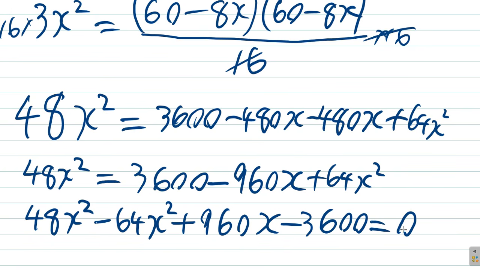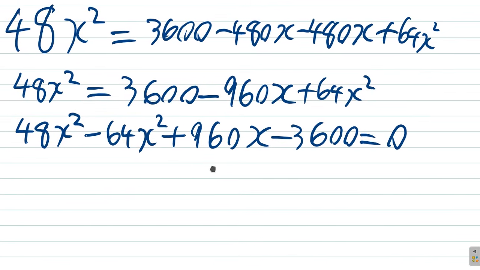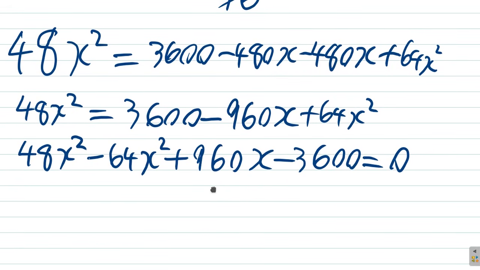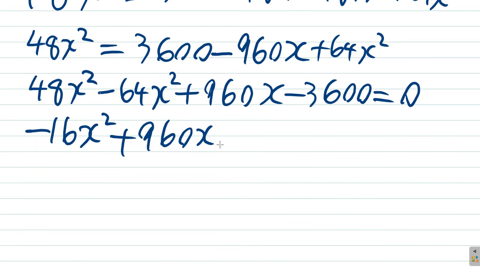And then you'll have equals 0 because nothing else is left on the right hand side of the equation, right? Alright, so you subtract all of that. Then you say 48x squared minus 64x squared. What is that? 48 minus 64, or work it out on the calculator, what do you get? Negative 16. So you have negative 16x squared plus 960x minus 3600 equals 0.